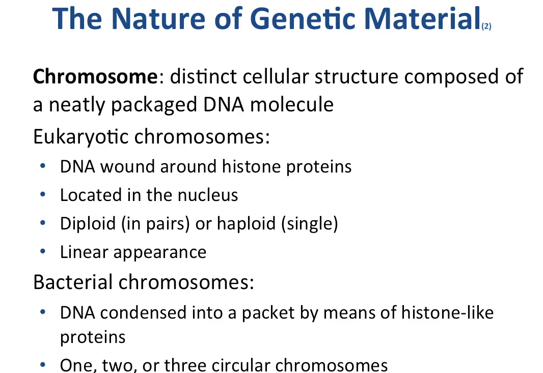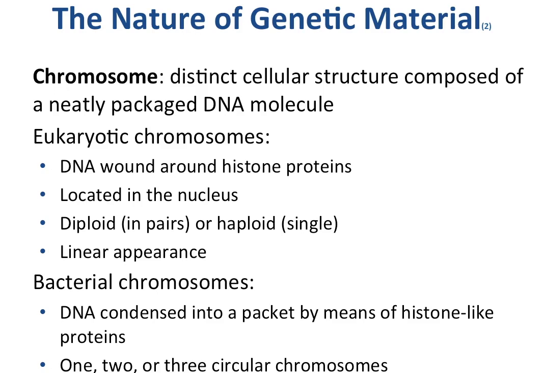In mature cells, it is diploid, meaning the cells have two copies of chromosomes, and in the gametes, it's haploid, so there is only one copy. This is a linear structure. For the bacteria, the DNA is shorter and simpler.